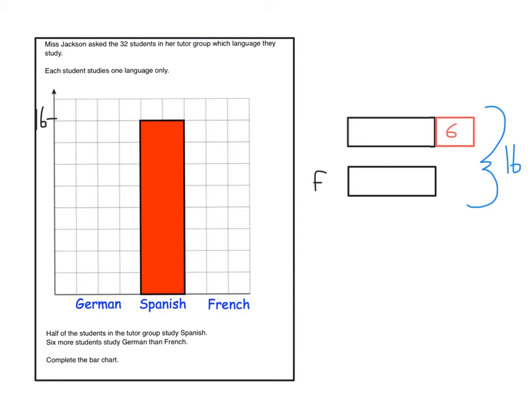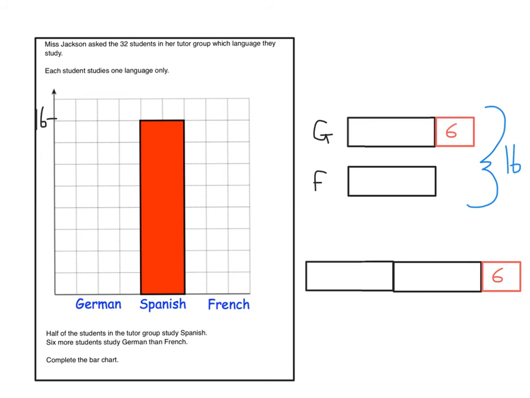Let's make sure I write German there. Let's just pop these in a row so it's nicer to look at. So I've got this one. And remember the black boxes are exactly the same length as each other.